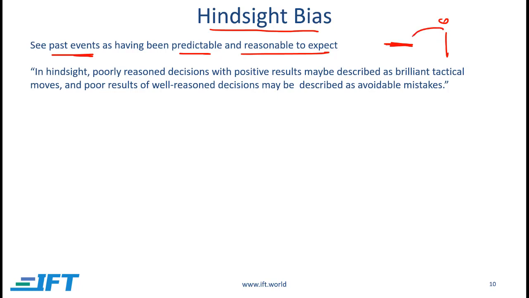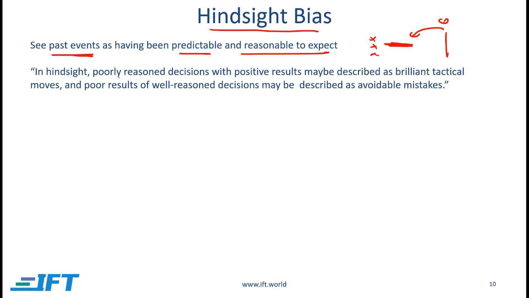If we are looking back at this crash and saying that it was obvious, it was very predictable that this crash would happen, then we might be suffering from hindsight bias. Because before this crash happened, there were several very smart people who were not able to predict this crash. But after the event, when we look back and say it was obvious, then perhaps we are suffering from hindsight bias. Here is an excerpt from the curriculum.